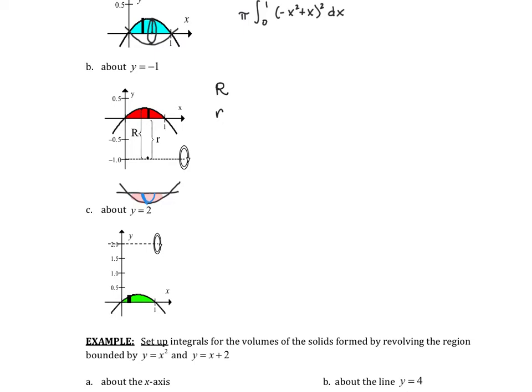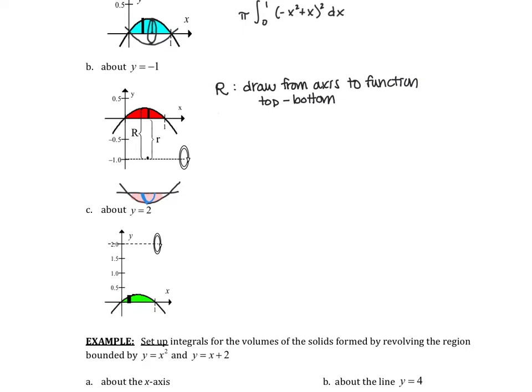And the outside radius, how we find this is we draw it from the axis to the function. Okay, not the rotated function, to the original function. And it's going to be the top minus the bottom.